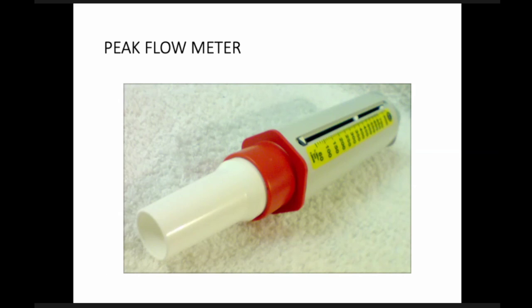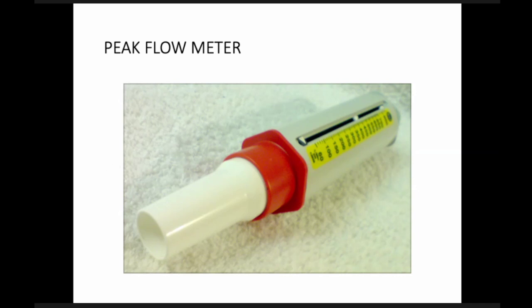It's given in liters per minute. It's a simple thing that you can do at the bedside. It's very useful to monitor peak flow rate throughout the day. If you do it 4 or 5 times a day, you will realize early in the morning you get the lowest figures, and as the day goes on during daytime, it improves.